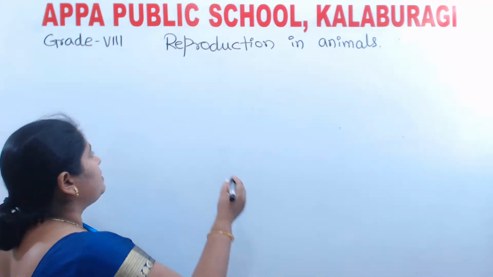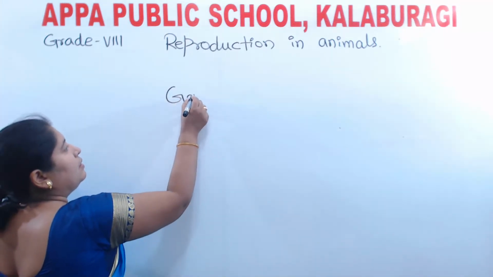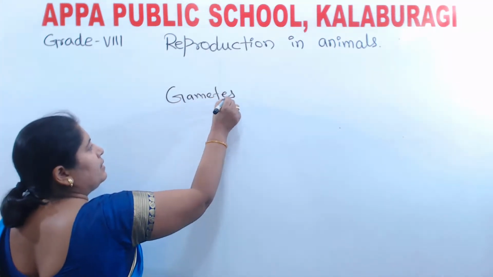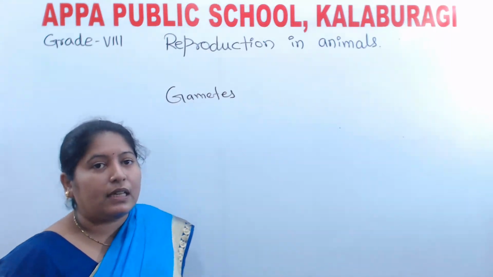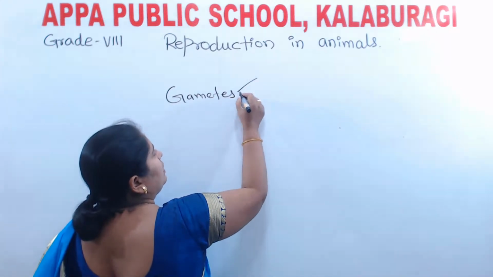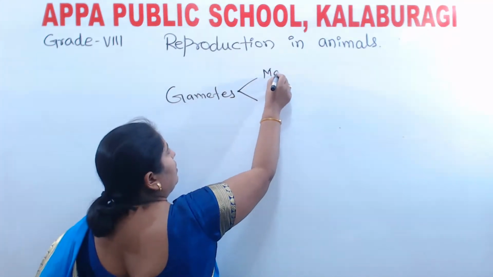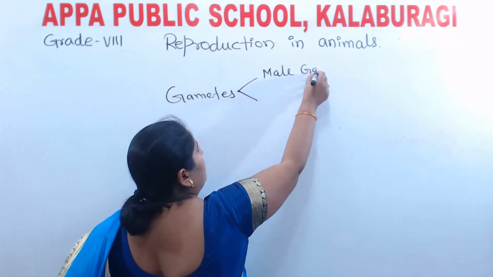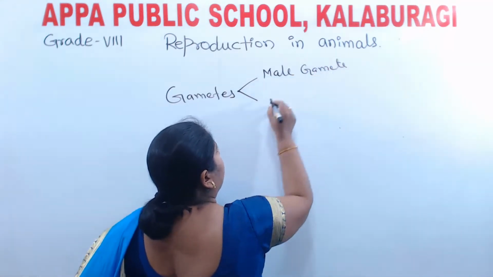Yes, students. We have studied that gametes, that is, these are the reproductive cells, and there are two types, I said it just now. That is male and female. Male gamete and female gamete.